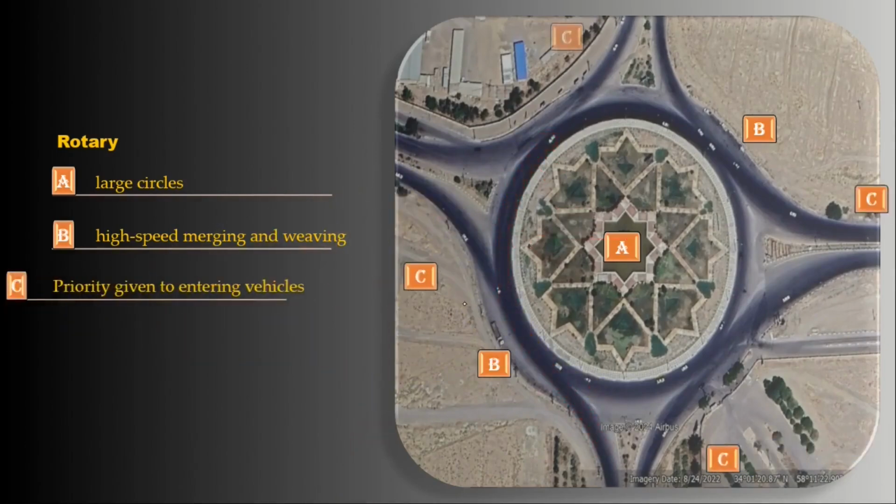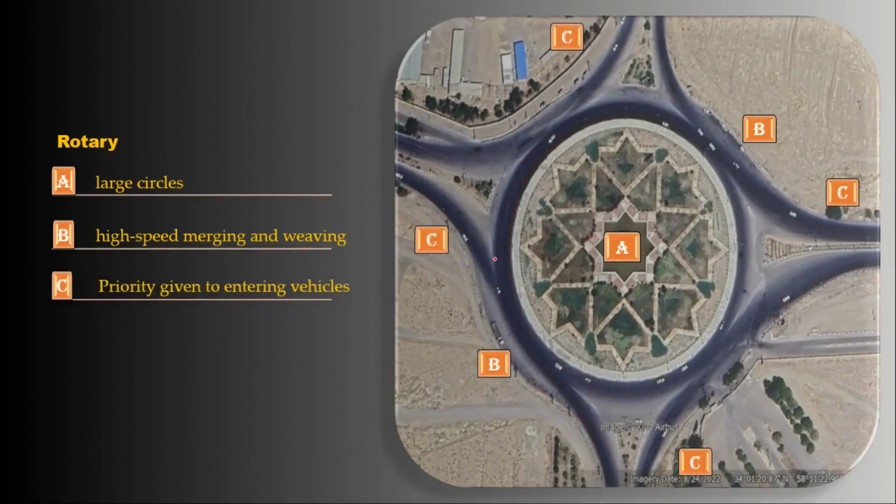The third and maybe the last distinguishing feature is that entering traffic has got priority. It is actually the right hand rule. Since circulating traffic has got the entering traffic on its right, it must give priority to the entering traffic.